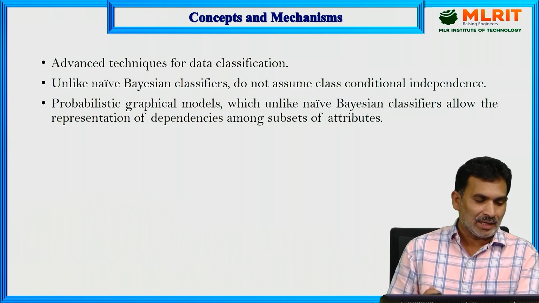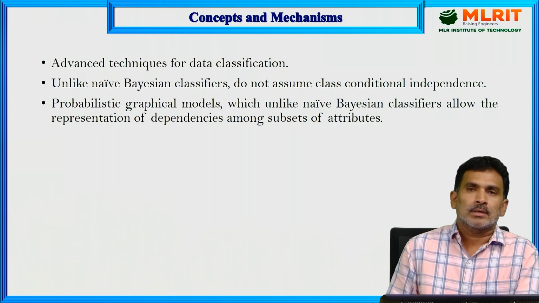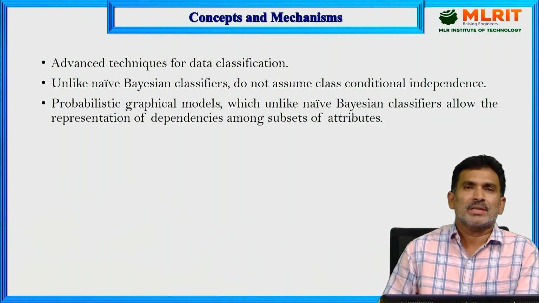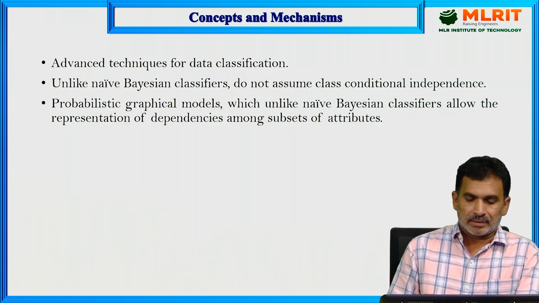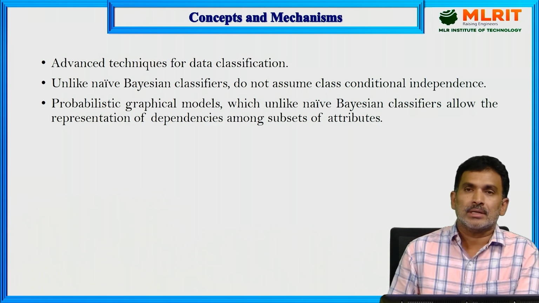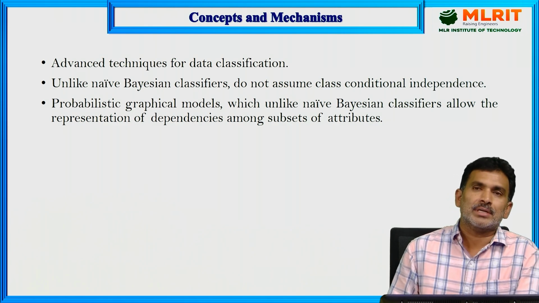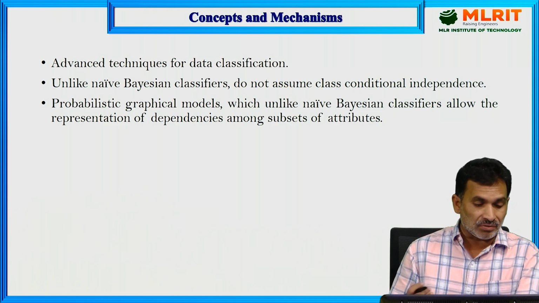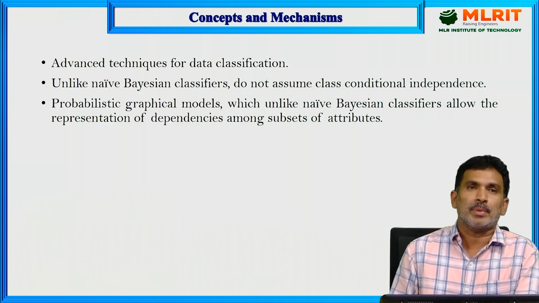The Bayesian belief network is an advanced technique for data classification. Unlike naive Bayes classification, where there is an assumption called class conditional independence, the Bayesian belief network does not assume class conditional independence.